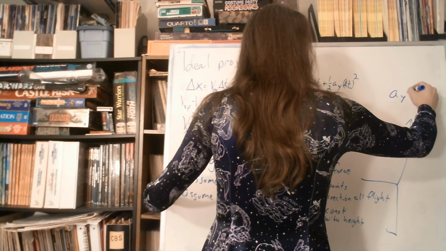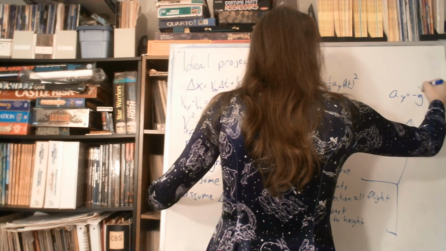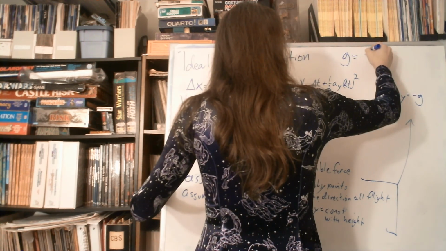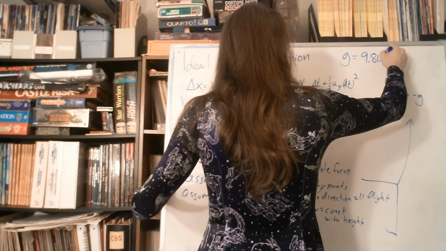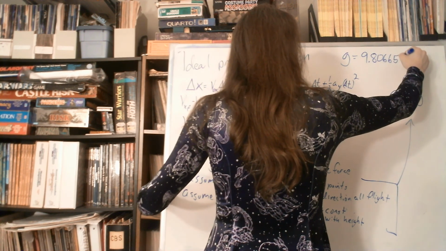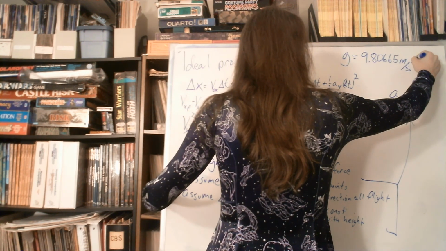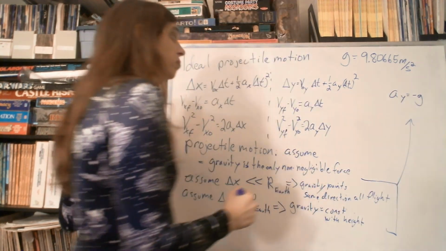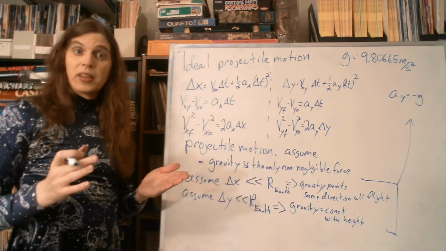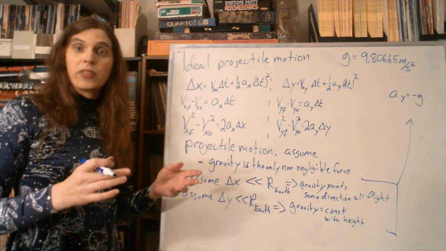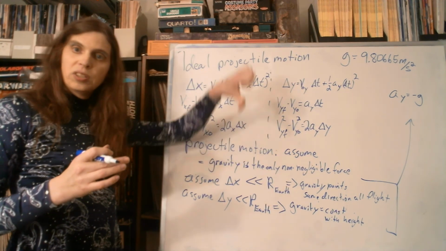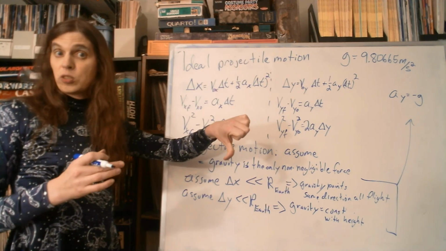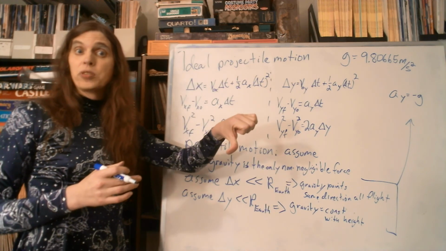acceleration in the y direction is negative g, where g is our 9.80665 meters per second squared. I'm making down be negative. So negative g is negative 9.8 meters per second squared, negative 32 feet per second squared.